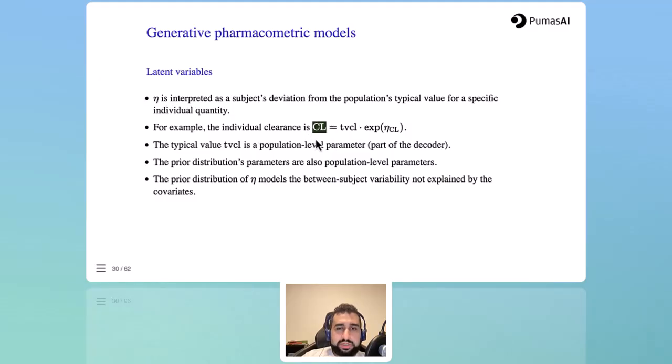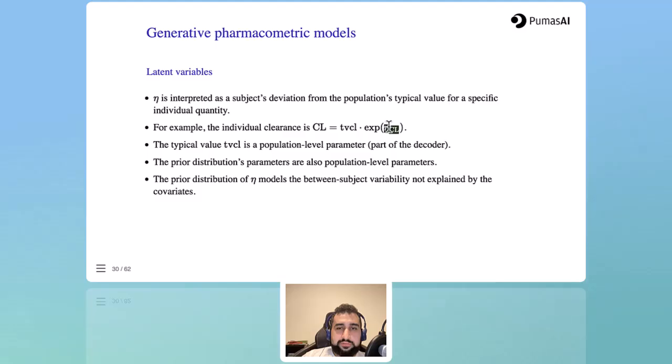And so the clearance here, or this variable that represents clearance, I can define a typical value for it, that's a positive number, and then I can multiply it by the exponential of some random effect here that has a mean 0 and some covariance matrix, or some variance parameter, or standard deviation. So that's just a single number here.